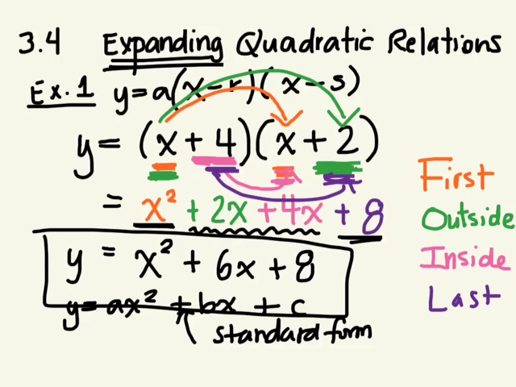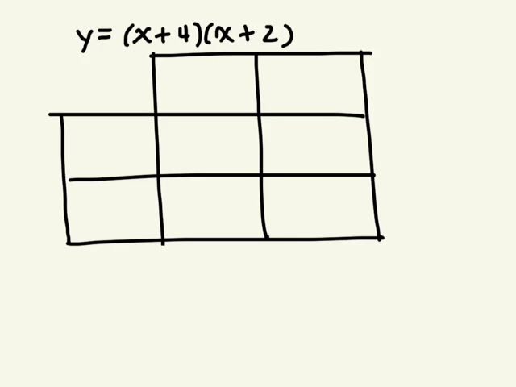They're all unlike terms. And we can use a chart. So we're multiplying x plus 4, so I'm going to write that here, x and positive 4. And I'm multiplying it by x plus 2. You include the sign with the term. All we have to do now is fill in the blanks.